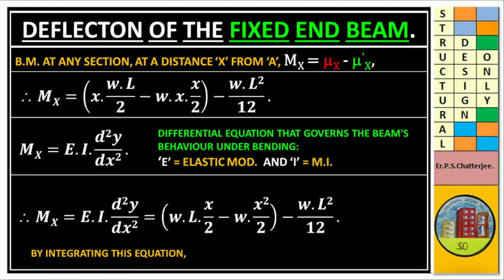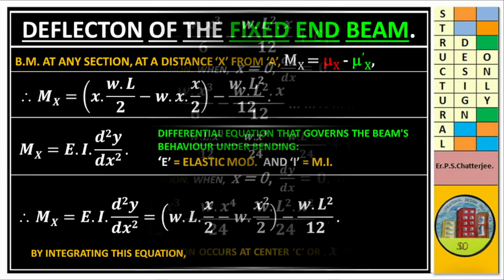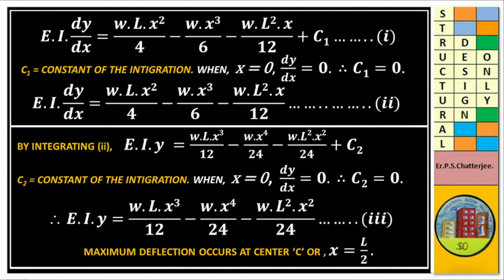By integrating this equation, we have EI dy dx is equal to W into L into x square by 4 minus W into x cube by 6 minus WL square into x divided by 12 plus C1. Equation number 1, C1 constant of integration.